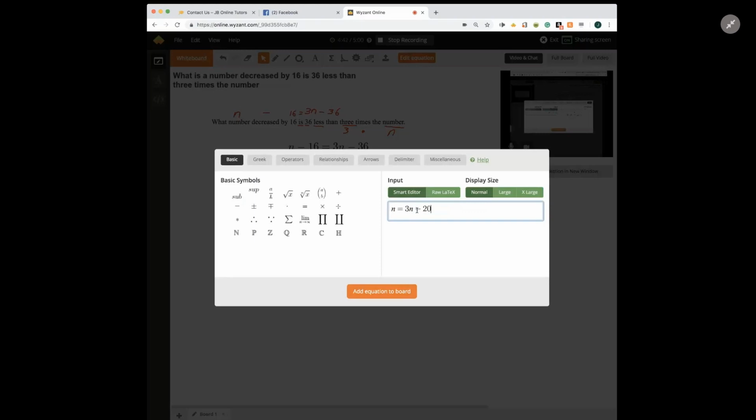So now we want to figure out how we're going to get all the linear terms. Linear terms are the terms with the variable in it. So n on the left is a linear term, 3n on the right is a linear term, 20 on the right is a constant. So we want to eliminate the linear term on the right-hand side. To do that, we're going to subtract 3n from both sides.